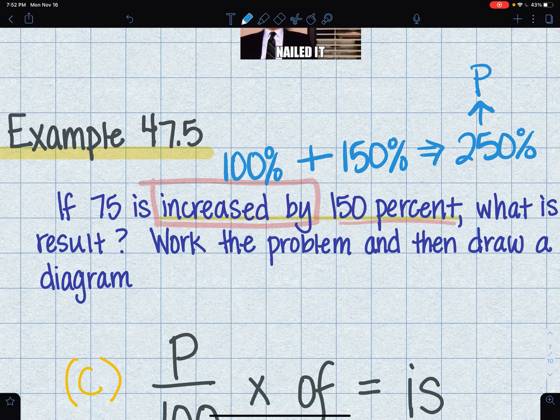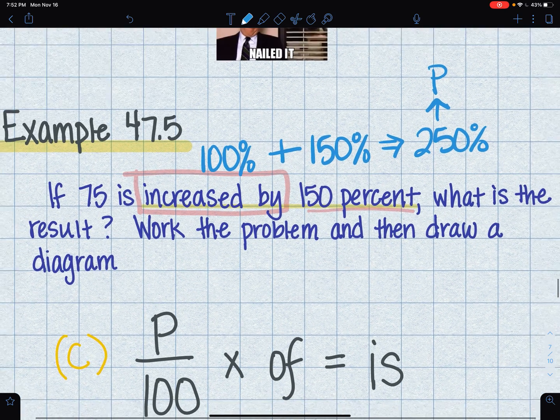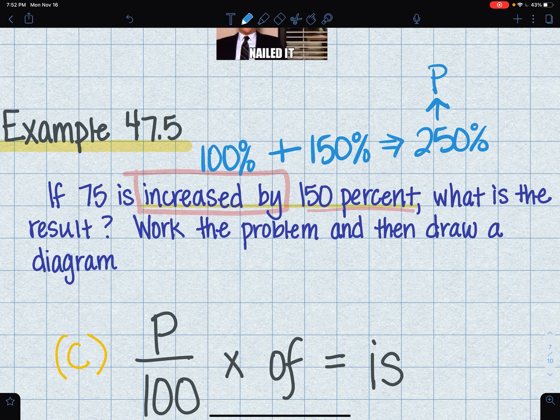Okay, let's read the whole question again and make sure that makes sense. If 75 is increased by 150%, what is the result? Okay, so what is 75? Let's see if we can rearrange the words in that and see what it means. So let's see.